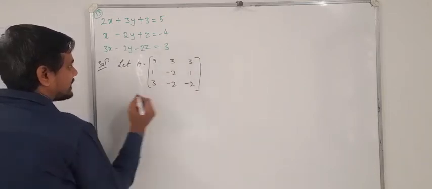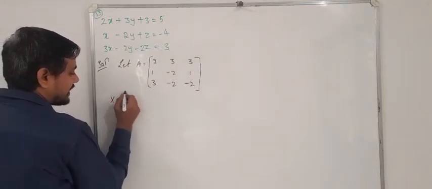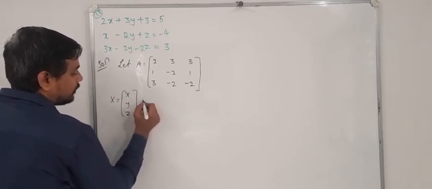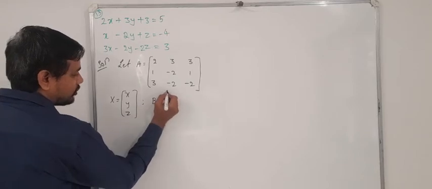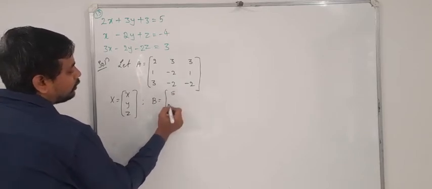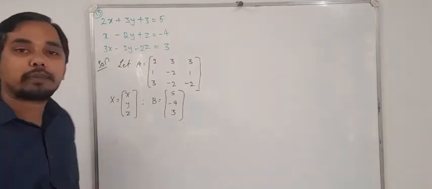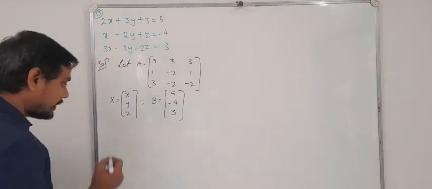This is matrix A. Matrix X is X, Y, Z, and matrix B is the constant matrix 5, minus 4, and 3. So the first and foremost step is to find out the value of the determinant.